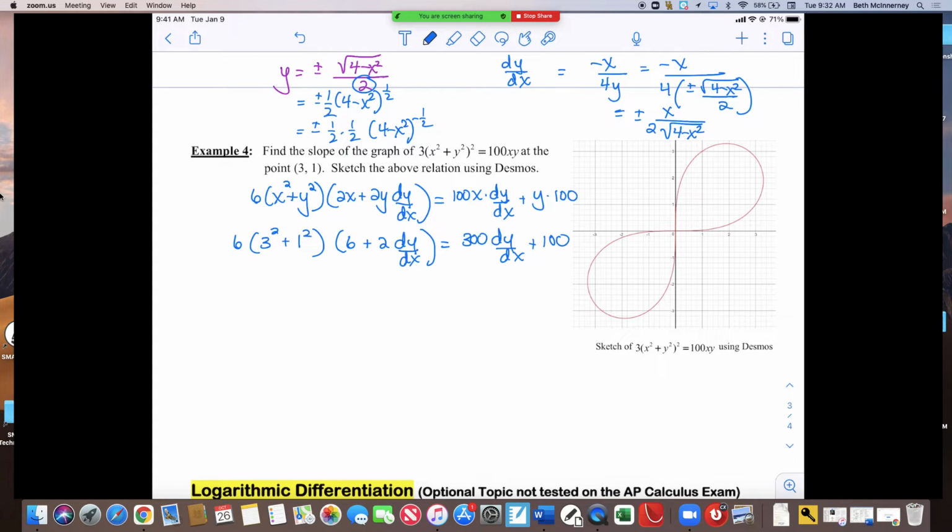You understand that? If I want to find the slope, all I need is to plug in the x and the y and solve for dy/dx. That is way easier than trying to solve algebraically for the dy/dx and then plugging in. You are allowed to do that. So this is 6 times what? 10? 6 plus 2 dy/dx.